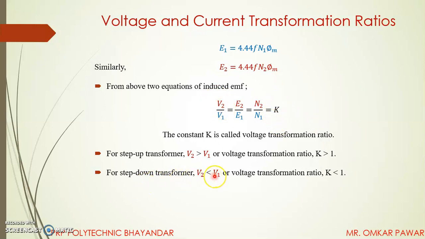For a step down transformer, the secondary voltage V2 will be less than V1, so K is less than 1. And for an isolation transformer, the turns ratio is the same, that is K is equal to 1.